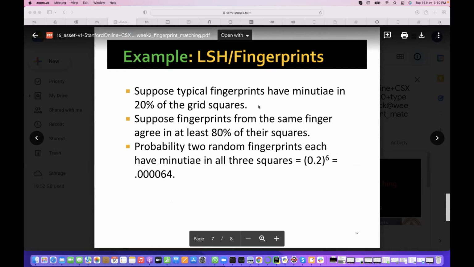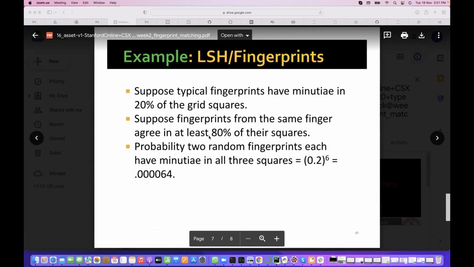Suppose a typical fingerprint has minutiae in 20% of the grid squares. Suppose fingerprints from the same finger agree in at least 80% of their squares. This is getting into statistics. The probability that two random fingerprints each have minutiae in all 3 squares is 0.2 to the power 6.